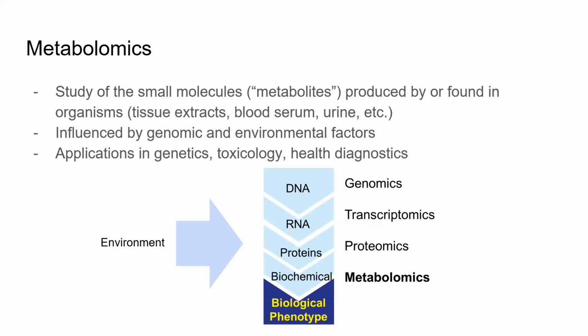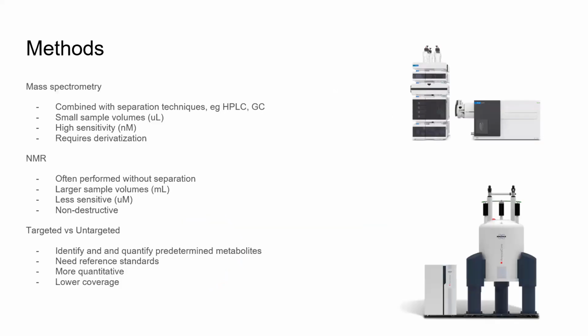Metabolomics has applications in studying things like genetics, toxicology, and diagnostics for health. There are two main methods for metabolomics. One is mass spectrometry, and the other is NMR.